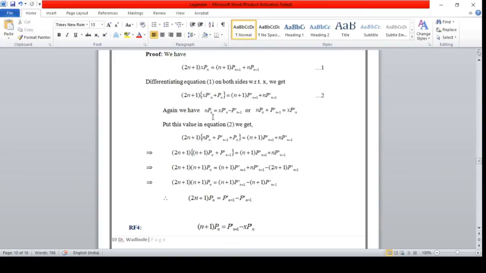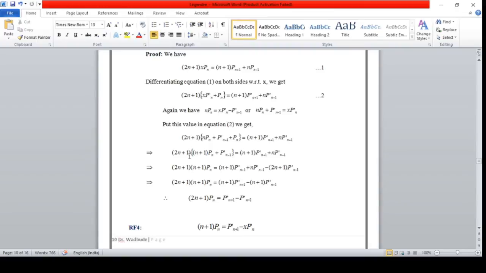Rearrange: this is n Pn, the other side, this is P dash n minus 1 equal to x P dash n. Here x P dash n, put this value in equation number second, substitute the value, this is equal to (n plus 1) P dash n plus 1 plus n P dash n minus 1.